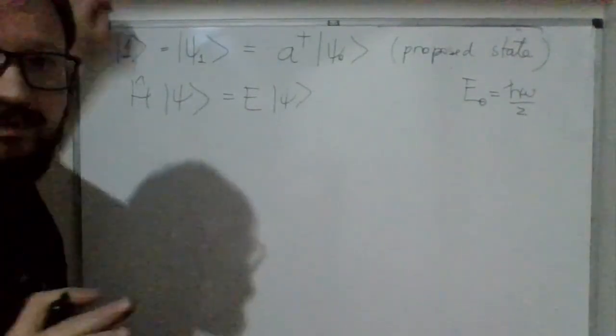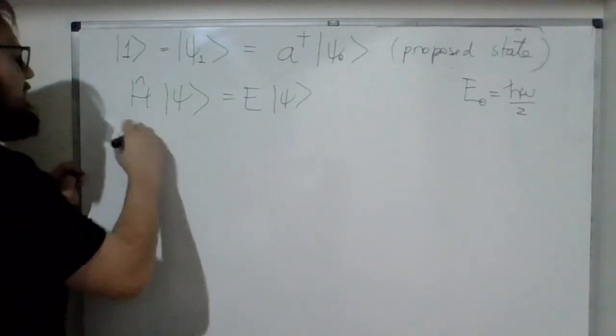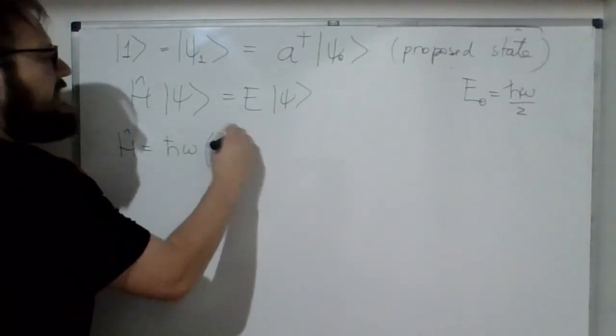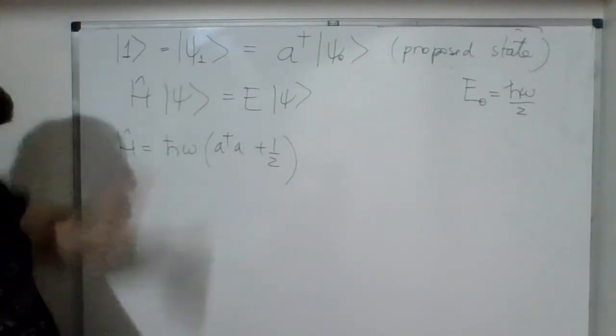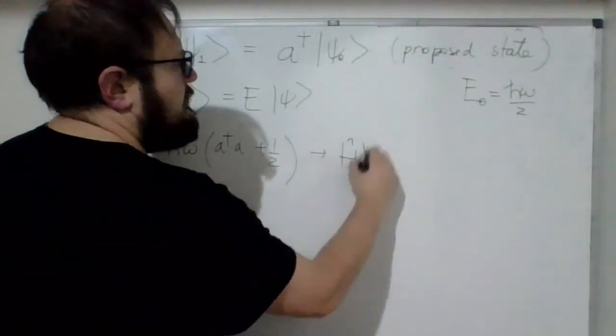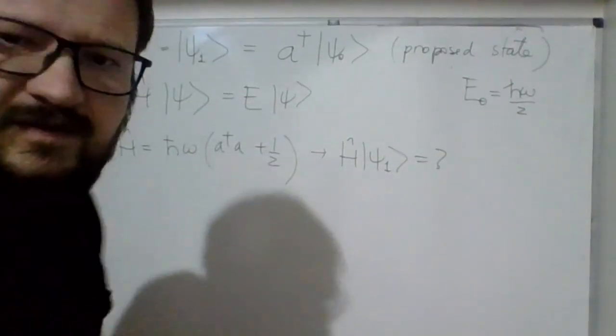At this point I don't know, but I'll find out if I apply the Hamiltonian, which corresponds to h bar omega times a dagger a plus 1/2, to the proposed state. So let us do that and see what comes out from that equation.